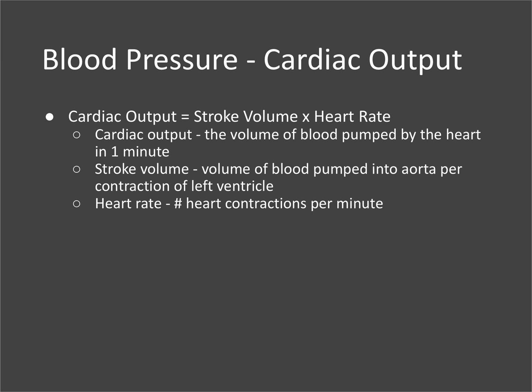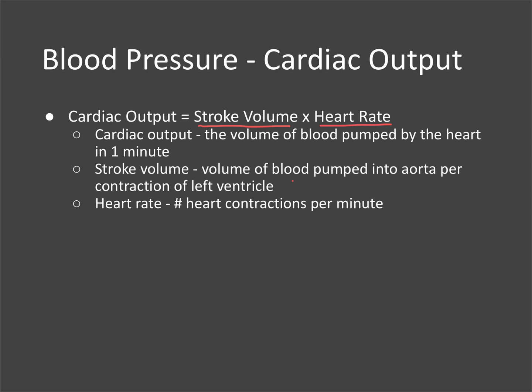Blood pressure in the body is controlled by cardiac output. Cardiac output can be calculated by looking at the stroke volume multiplied by the heart rate. The definition of cardiac output is the volume of blood pumped by the heart in 1 minute.